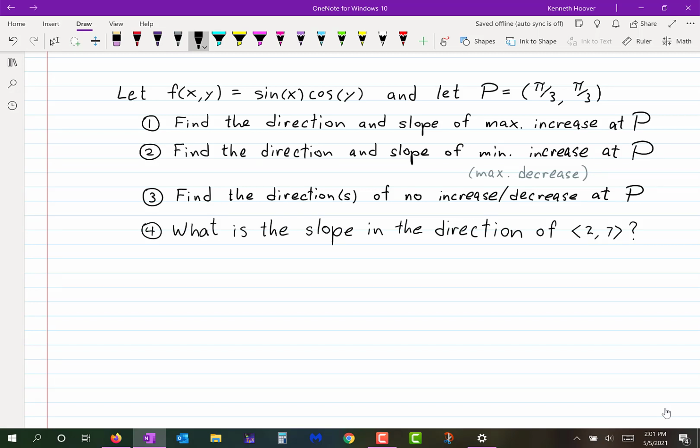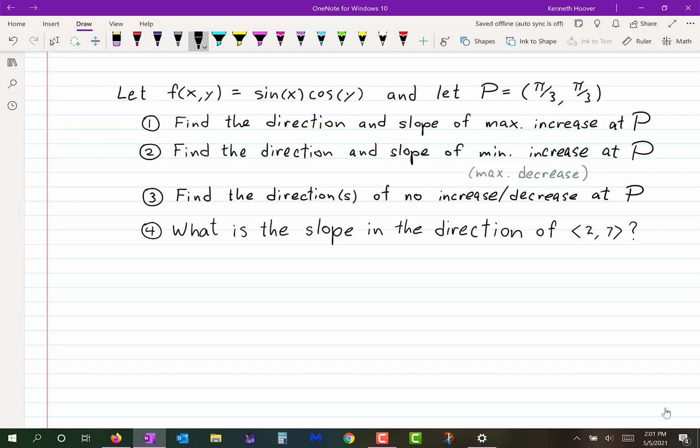f of x, y equals sine of x cosine of y. And we're standing at the point where x is 1/3 pi and y is 1/3 pi. We have 4 questions. Number 1, find the direction and slope of maximum increase. Number 2, find the direction and slope of minimum increase, or if you prefer, you could say maximum decrease.